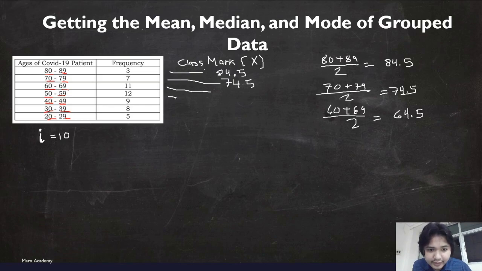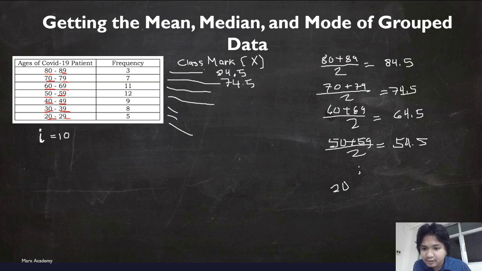Then 50 to 59 would be 54.5, and so on until the 20 to 29 group, which would be 24.5.